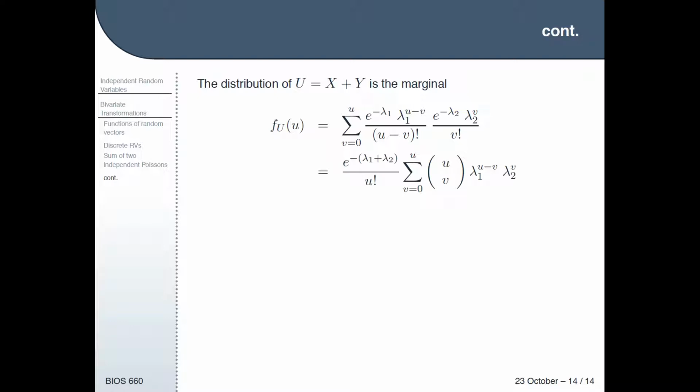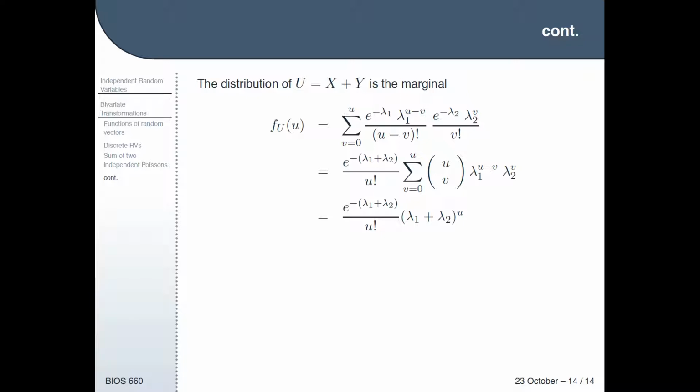And if you pull the u factorial term and the e to the minus (lambda 1 plus lambda 2) terms out of the summation sign, you have the sum from v equals 0 to u of u choose v times lambda 1 to the u minus v times lambda 2 to the v, which hopefully you recognize as just (lambda 1 plus lambda 2) to the power u according to the binomial theorem.